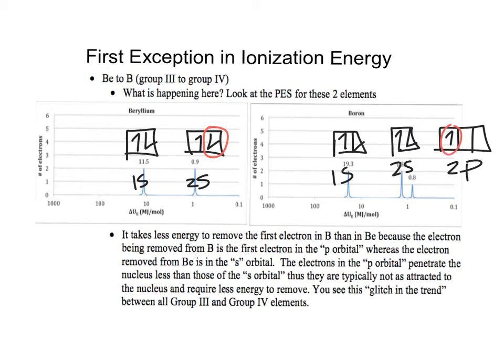So if the trend were to go as expected, it would be harder to remove the last electron in the p here than it would be to remove that one. It's actually easier to remove it. So why is that? Well, it has to do with the shape and proximity of the p orbital to the nucleus. This last electron in beryllium here is in an s orbital.